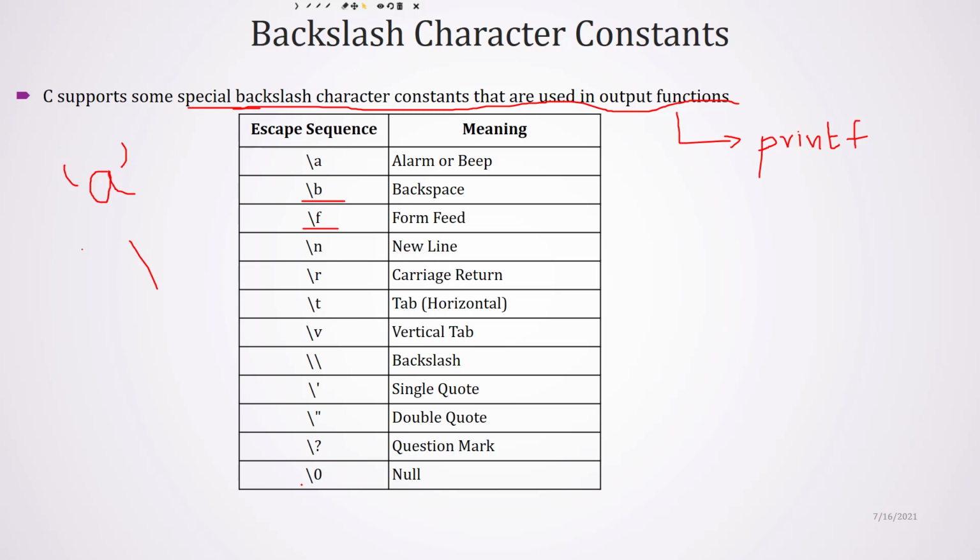This slash 0 we will study in the third module, while studying arrays. I will try to explain these with the help of programs. For the time being, you have to understand that these backslash character constants have to be used along with the output function.